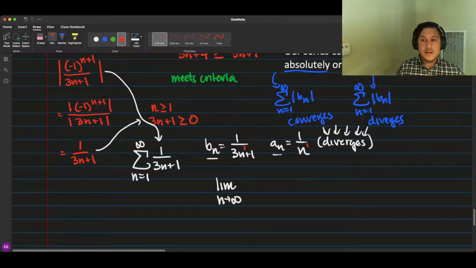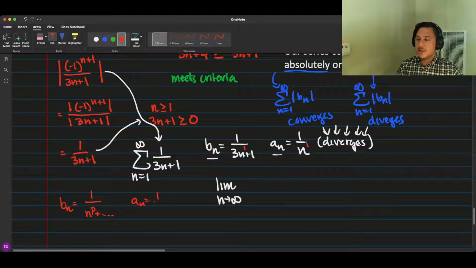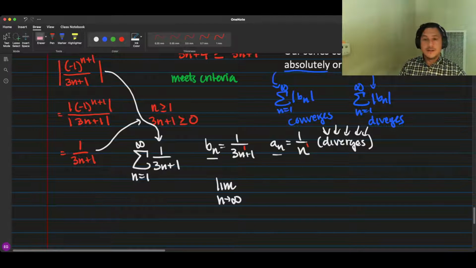That's a p-value of 1, and what happens if your p-value is not bigger than 1? You diverge. So I'm going to compare it to 1 over n, because I bet it diverges. Does that make more sense? Usually if your bn is 1 over n to the p plus other terms, you should probably compare it to 1 over n to the p. Look at the highest power. That's actually a really good question to ask because it's hard to notice that.